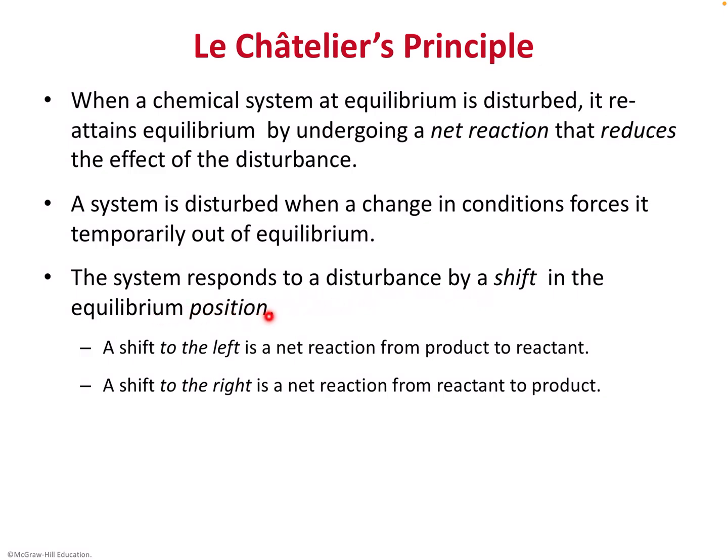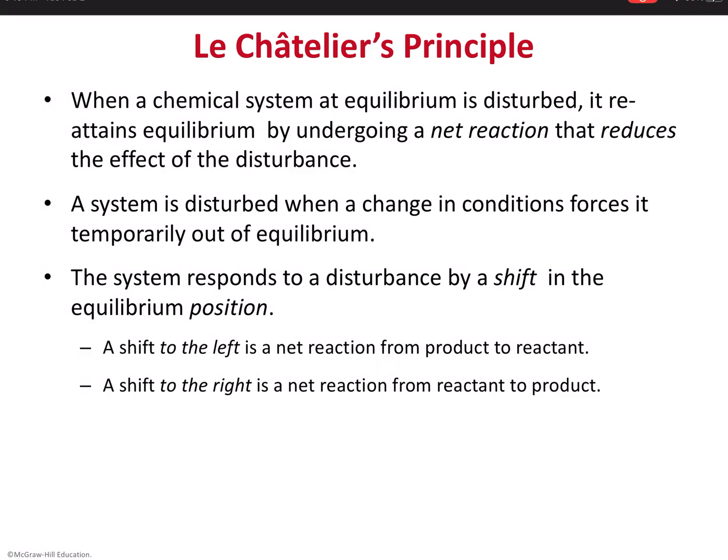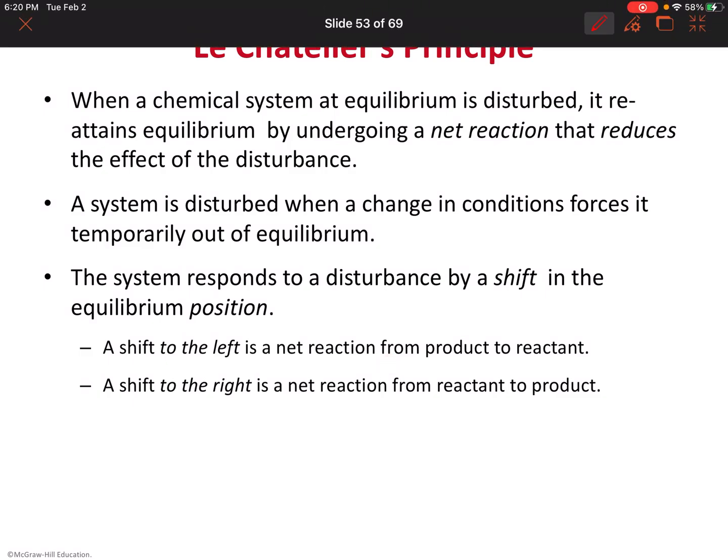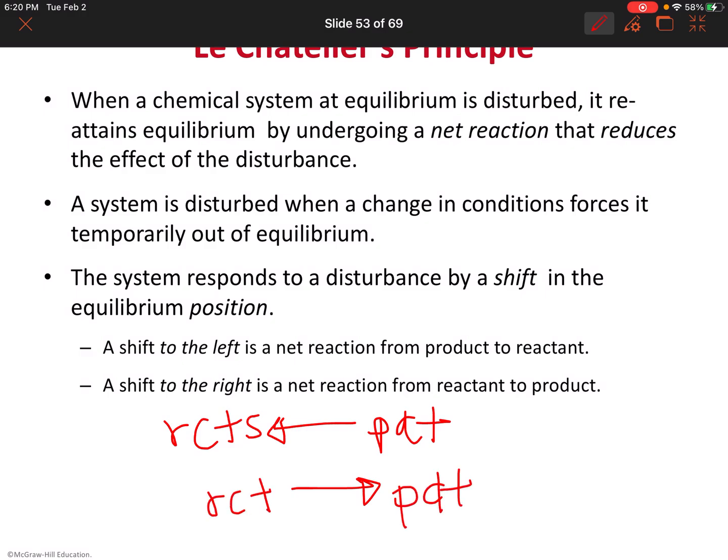A shift to the left is a net reaction from products to reactants. Remember, we saw that when Qc is greater than Kc, it would make more reactants. So similarly, a shift to the left means a net reaction from products to form more reactants, and a shift to the right means a net reaction from reactants to products.